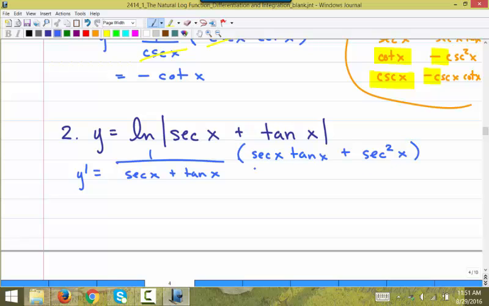Are you using parentheses when you're doing times the derivative of? Especially when you've got a sum. Make sure you've got parentheses around that.